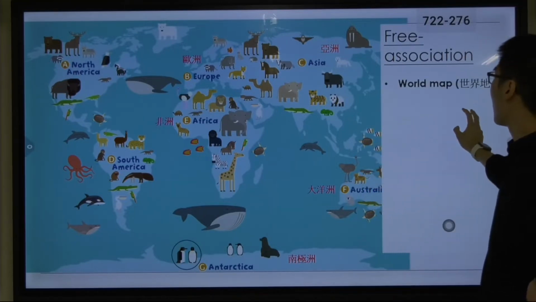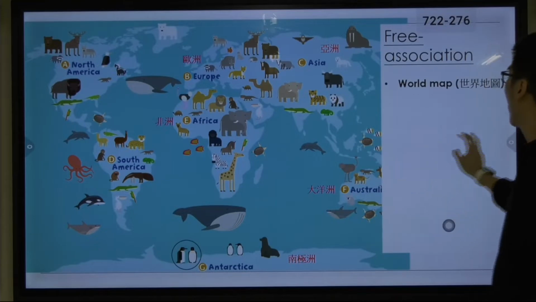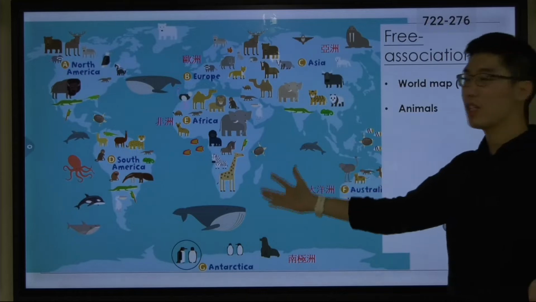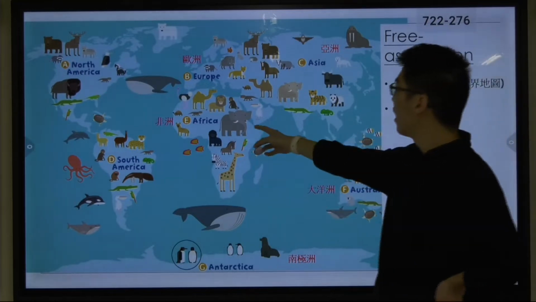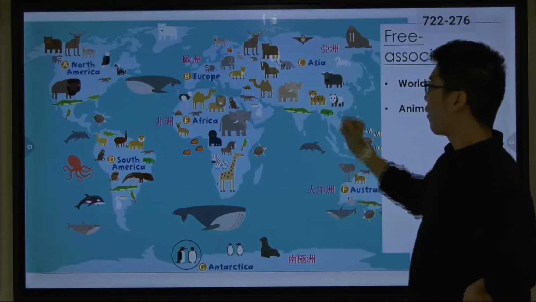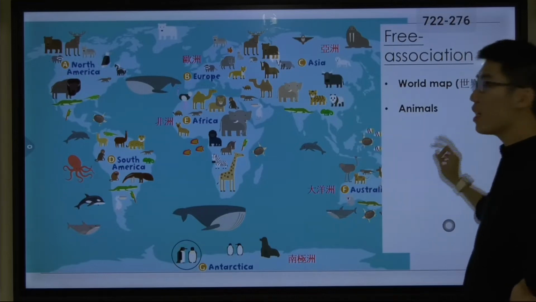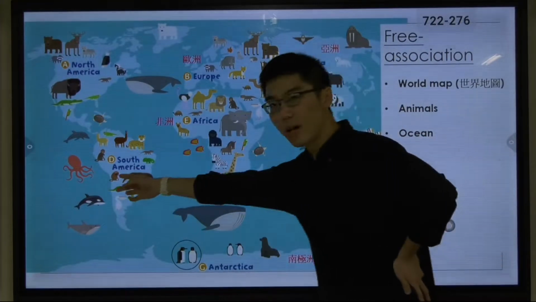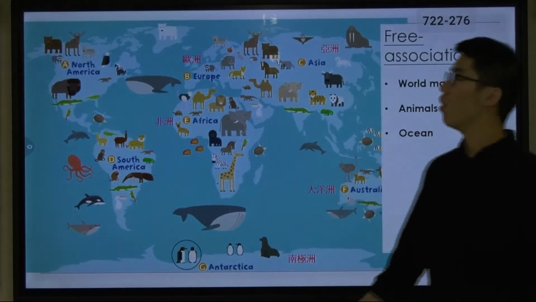You may see it is a world map. You may see different kinds of animals in this picture, for example the elephant, the tiger. Where do they live? They live in the ocean, maybe octopus, the dolphin, and so on.